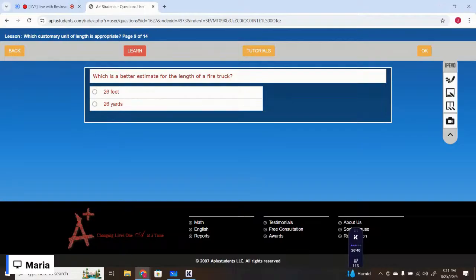Which is a better estimate for the length of a fire truck? The length of a fire truck would be 6 feet. Option number one is the correct option. Okay, let me just move on to the next lesson.